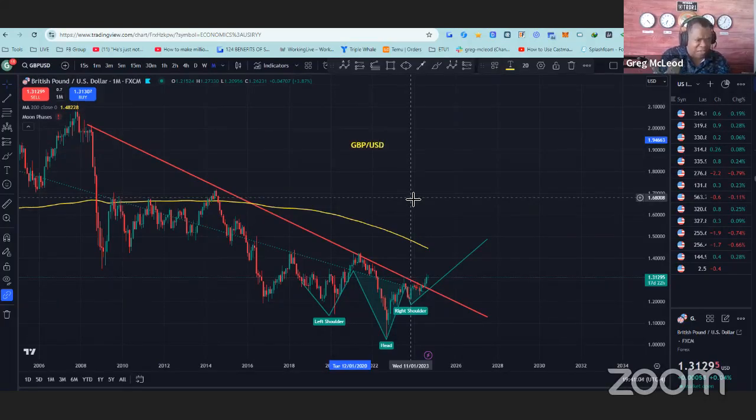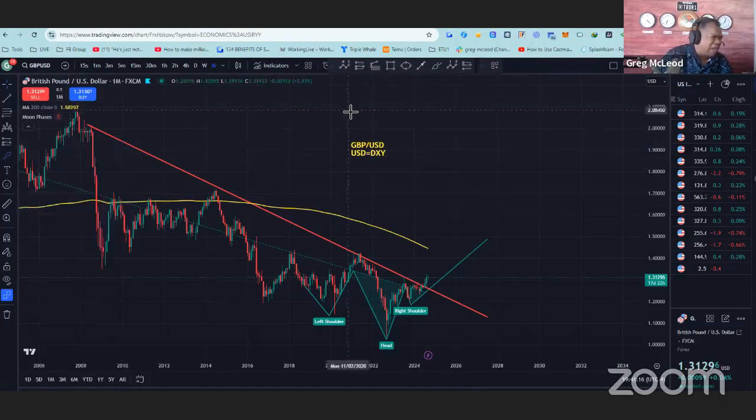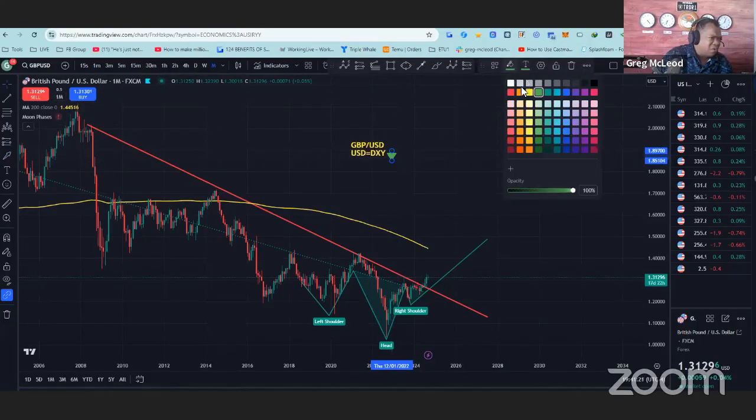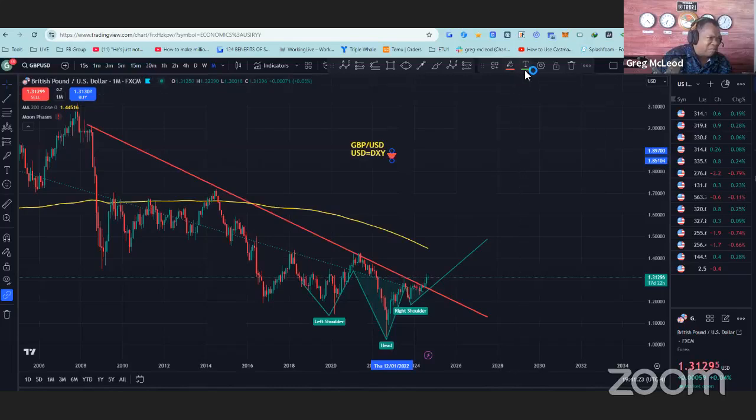And remember, USD is the same as DXY, right? And DXY is going down, right? And if DXY is going down, then GBP is going up because they are the opposite of each other, right? So GBP, on the other hand, is going to be on the upswing.